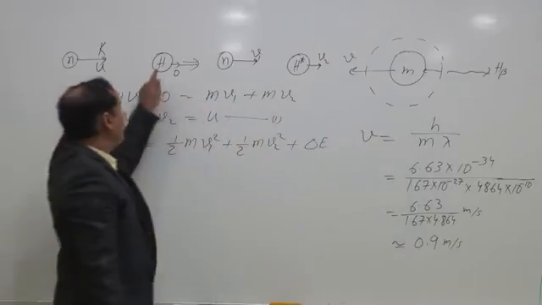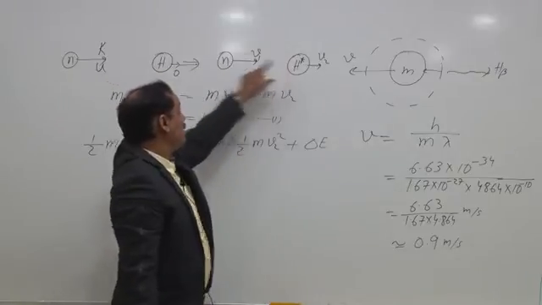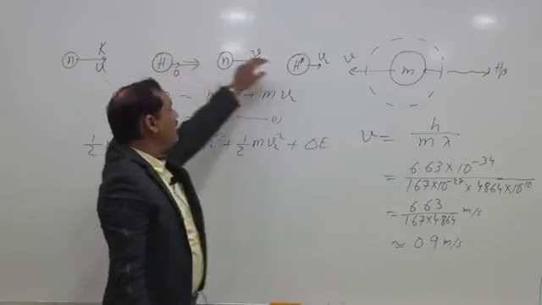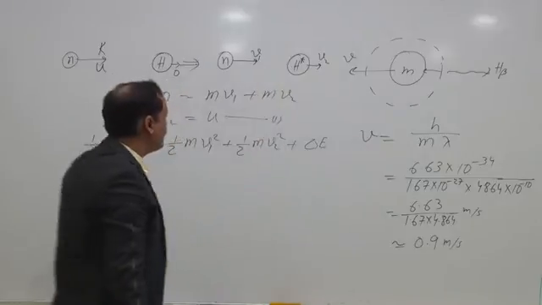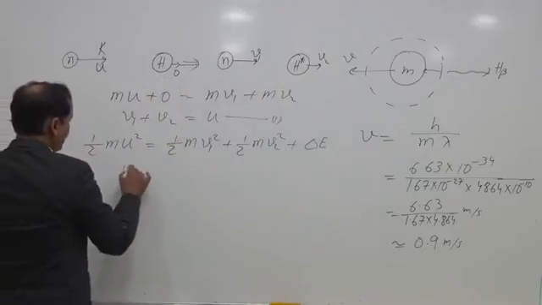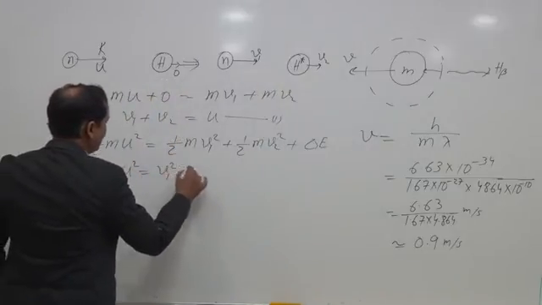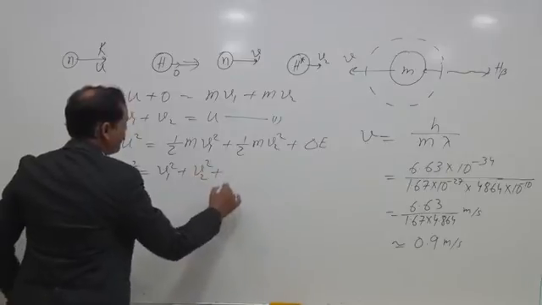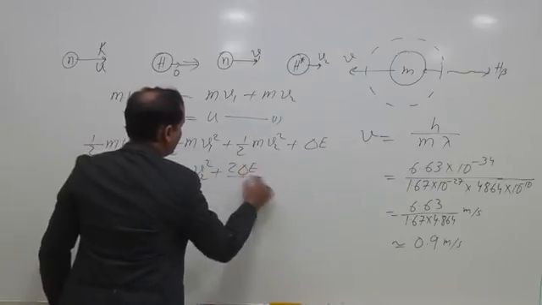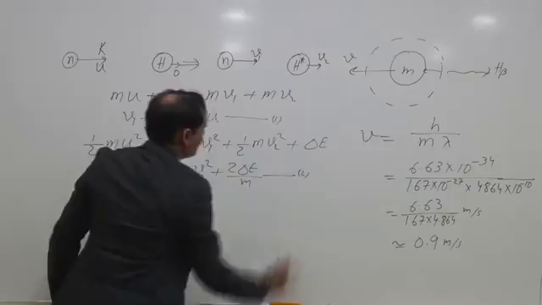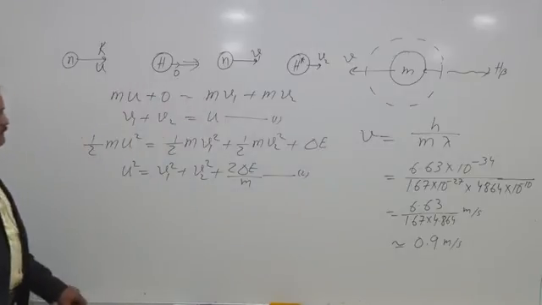That is H becoming H star. It is a hydrogen atom in ground state and this is an excited hydrogen atom. From here we can write u square is equal to v1 square plus v2 square plus 2 delta E by m. This is the second equation.